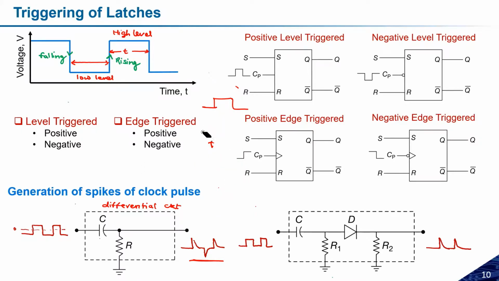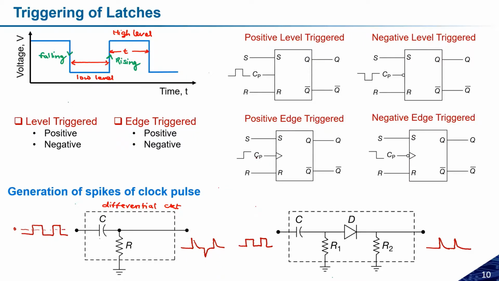So the second alternative is to activate during the transition, positive or negative. To generate this transition, you can utilize this differential circuit, which can generate a spike out of the clock pulse. From the clock pulse to the spike generation is done with the help of a differentiator.